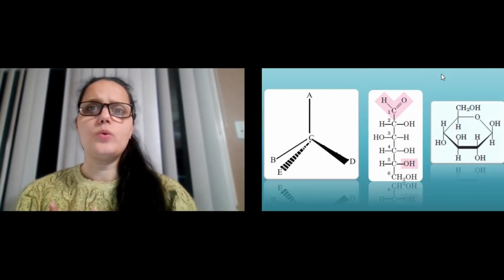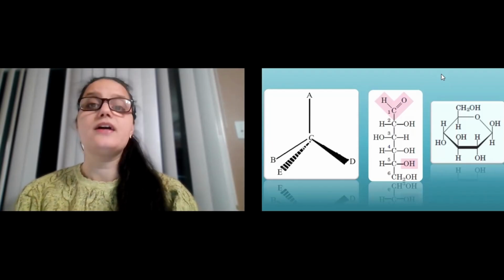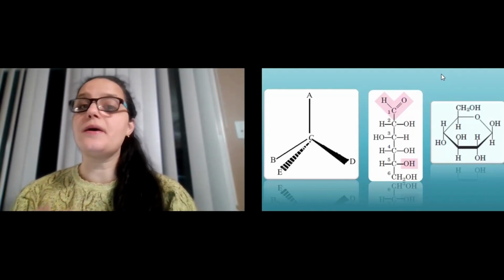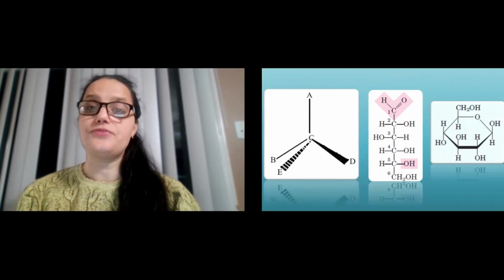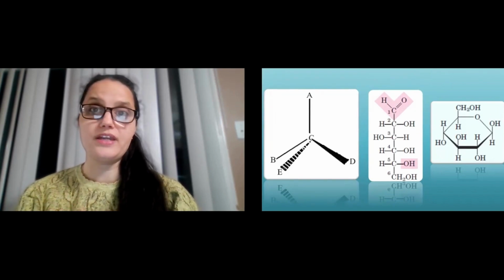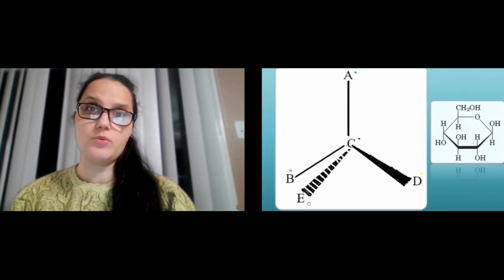The same thing happened with the scientists who were trying to formulate the methods, the formulas, the models to represent the complex 3D molecules on 2D surfaces. The first scientist who tried to formulate a method gave us this wedge dash formula.